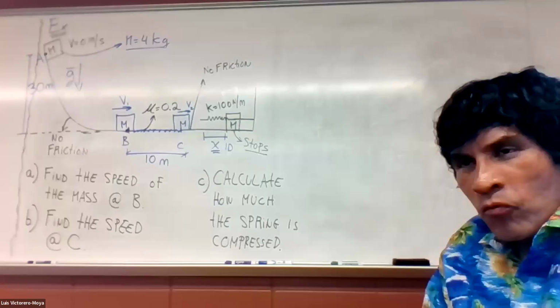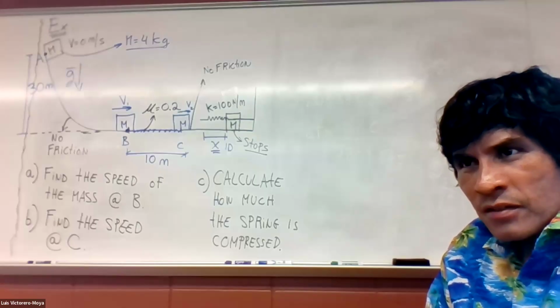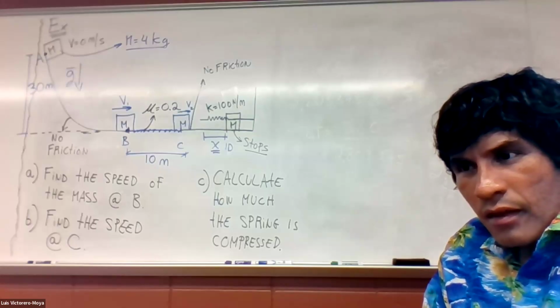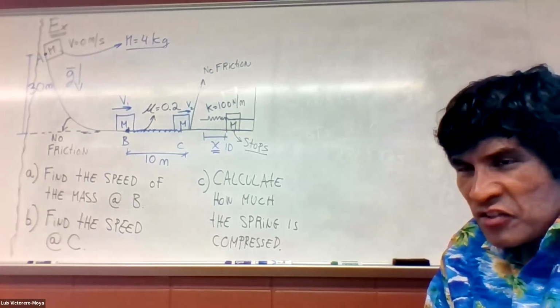The force of friction. Why? What does the force of friction do? It slows down, decreases the velocity. It decreases the velocity by decreasing the energy.